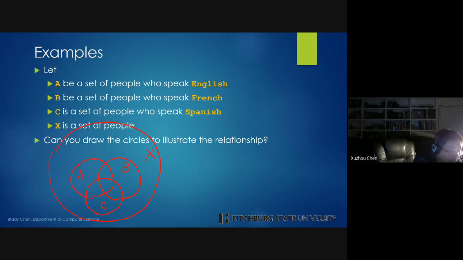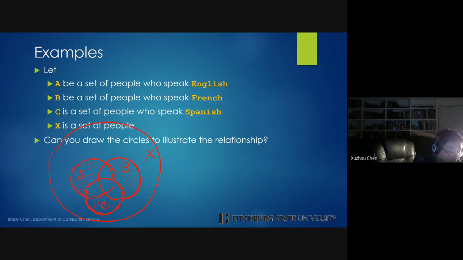Now if you take a look at this diagram, these are the group of people who can speak English only, right? And these are the group of people who can speak French only, and these are a group of people who can only speak Spanish.